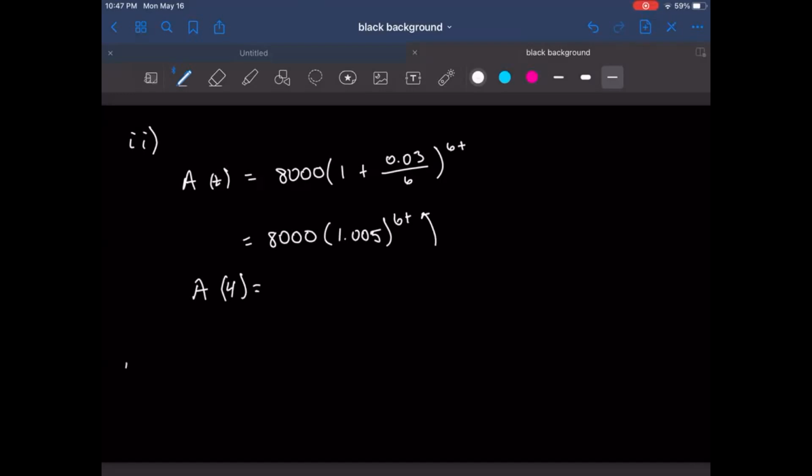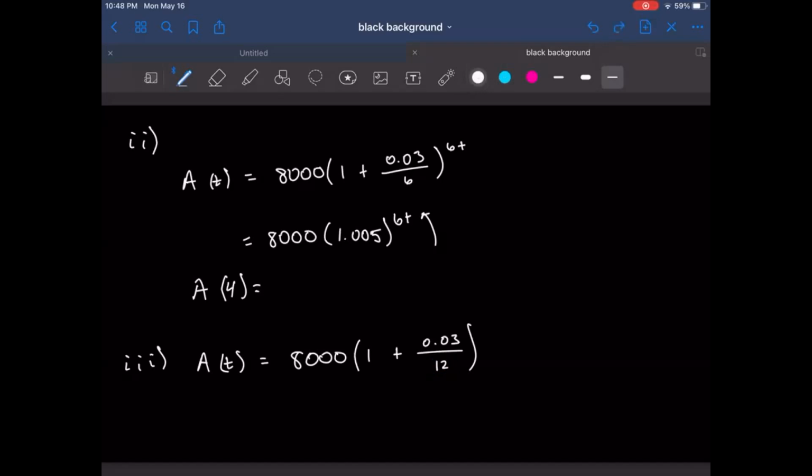Okay. So let's do the 12 times now. You do it. You tell me. A of T equals 8,000 parentheses 1 plus 0.03 over 12, and then to the power of 6 times 12.